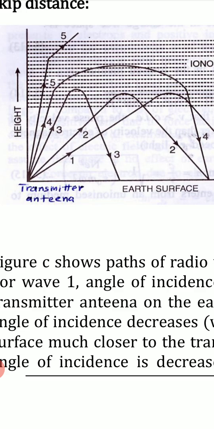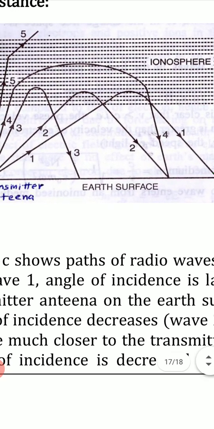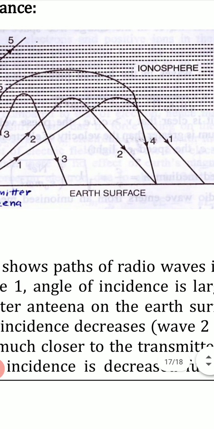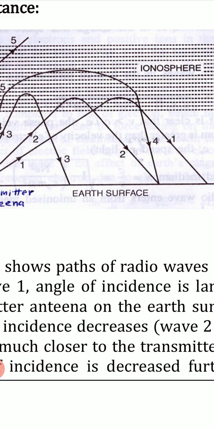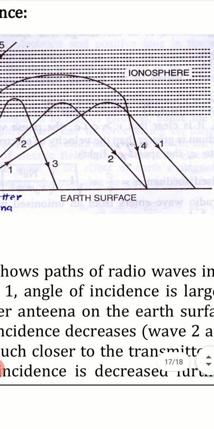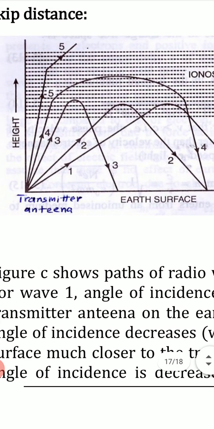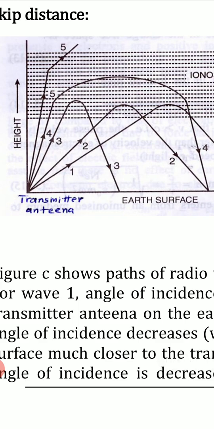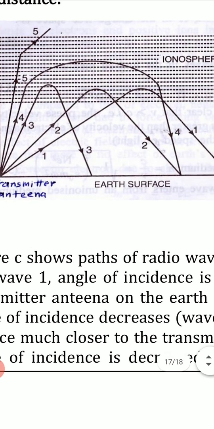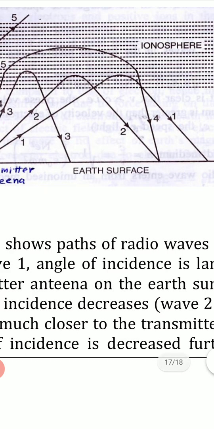These radio waves go towards ionosphere, and this ionosphere reflects them and sends them back to Earth's surface. There are different waves shown, 1, 2, 3, 4, 5, for which angle of incidence are different, and they will reach Earth's surface at different points.